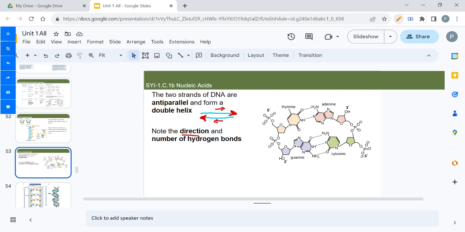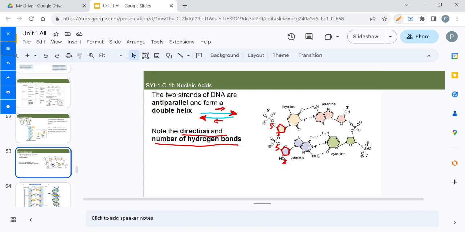Now it says the direction and the number of hydrogen bonds, right? We had to take a look at that. All right, let's take a look. Notice how this guy is facing up. Notice how this guy is also facing up, right? And again, we have our 5 to 3 sides. We're attaching ourselves 5 to 3 prime.